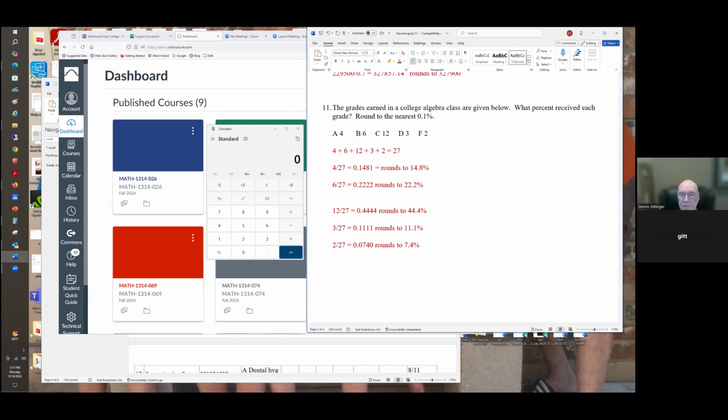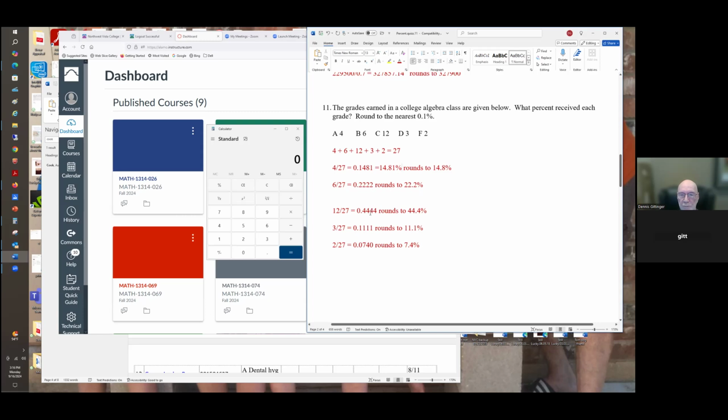Let's write that out so that it makes a little bit more sense. That's changing it to a percent. And it says the nearest 0.1%. That's where the 8 is. So is the 1 big enough to make it 14.9? The answer is no. So it rounds to 14.8. Likewise, 22.22% rounds to 22.2%, not two 2s.